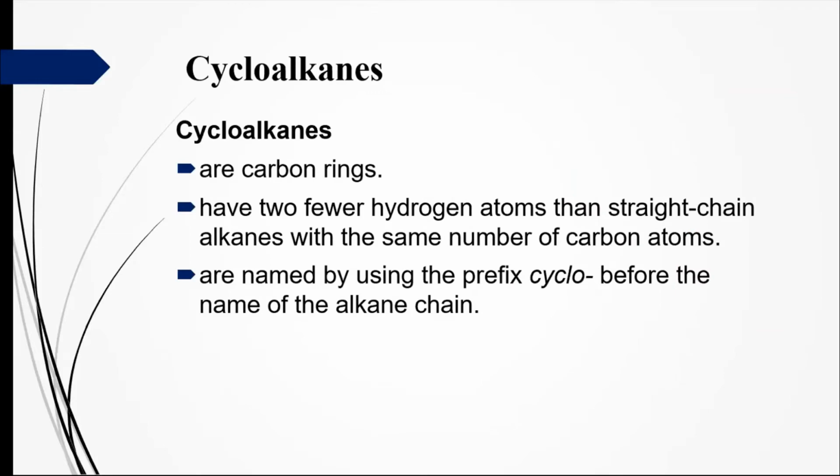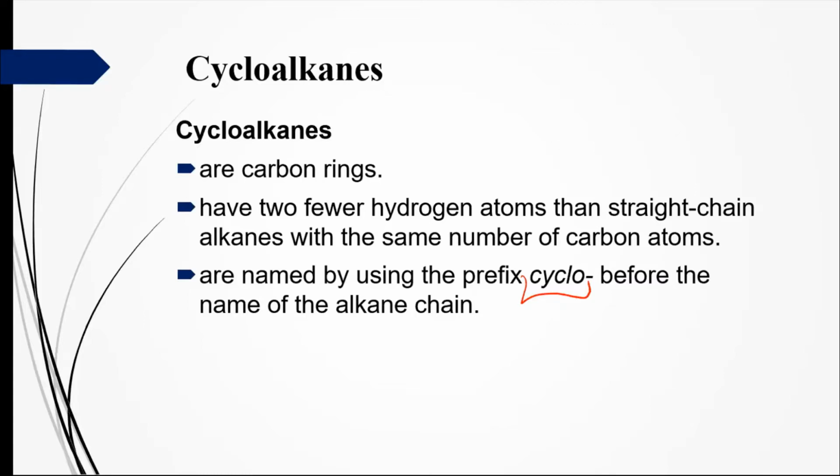Our alkanes can also be further added to in that we can have them in rings, and we call those cycloalkanes. Now you can have rings with double bonds and triple bonds as well, just like what we did with our aromatics. But the cyclo part means that we have a ring, and so we add that to the front when we name the alkane chain, so that you know to connect them.